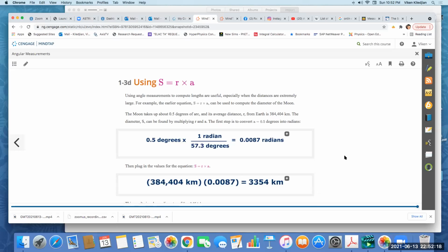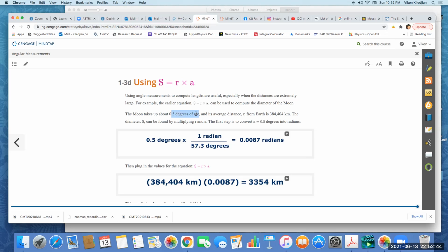So using angle measurements to compute lengths is useful, especially when the distances are extremely large. For example, the earlier equation S = R A can be used to compute the diameter of the moon. The moon takes up about half a degree of an arc in the sky. So we can say the angular diameter, the angular size of the moon, is about half of a degree in the sky.